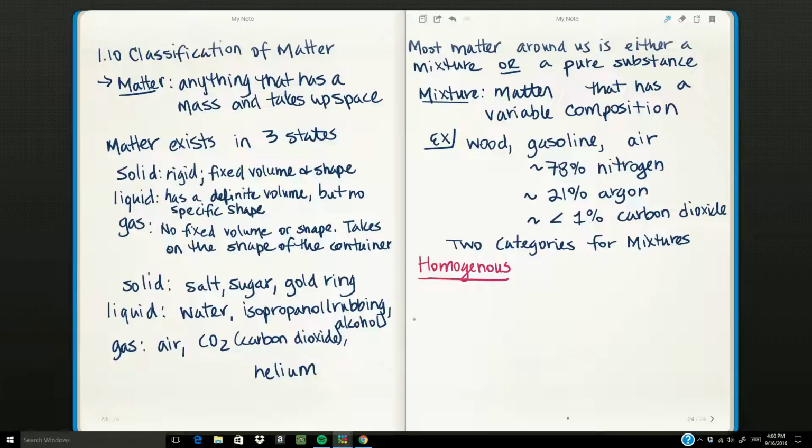Second category is heterogeneous. Okay, so a homogeneous mixture is visibly indistinguishable.